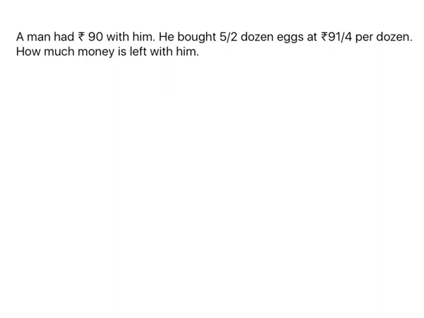Next question we have: a man had rupees 90 and he bought 5 by 2 dozen eggs at the cost of 91 by 4 per dozen. We have to find out how much money is left with him. According to the question, the cost of 1 dozen eggs is rupees 91 by 4, and he bought 5 by 2 dozen eggs.